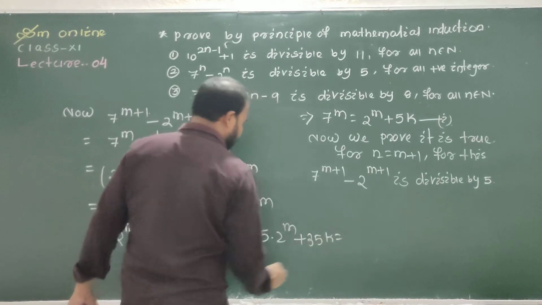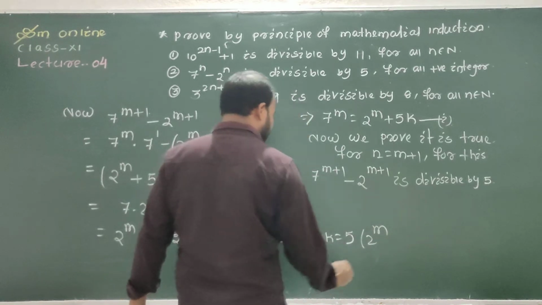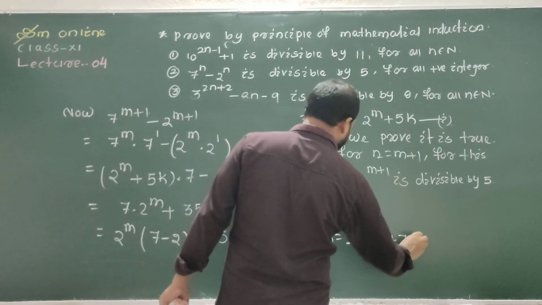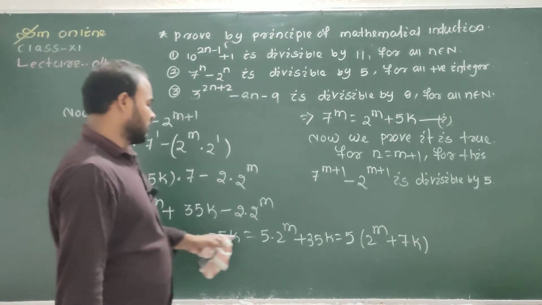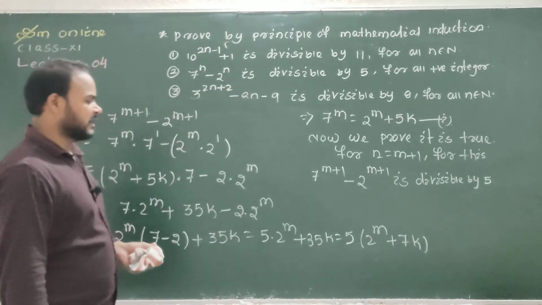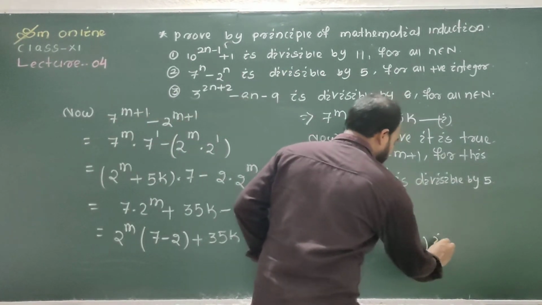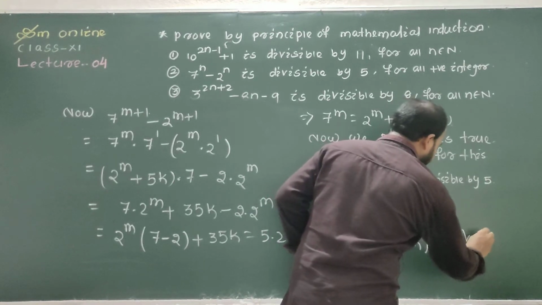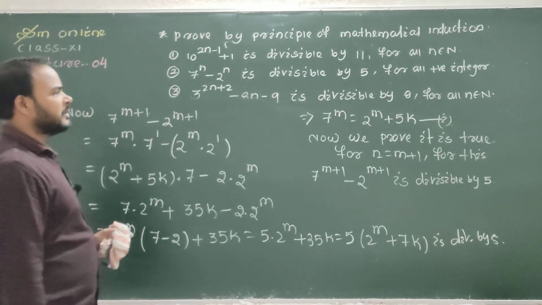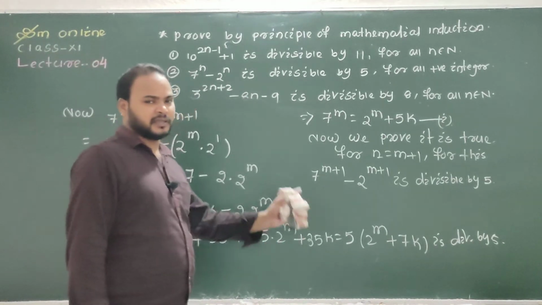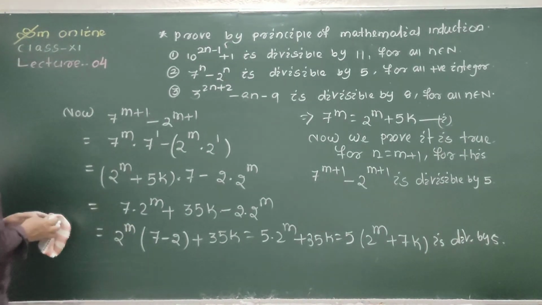Taking 5 common, this is equal to 5 times 2 to the power m plus 7k, which is divisible by 5. So the given statement is divisible by 5 for all positive integers. Now move to question number 3.